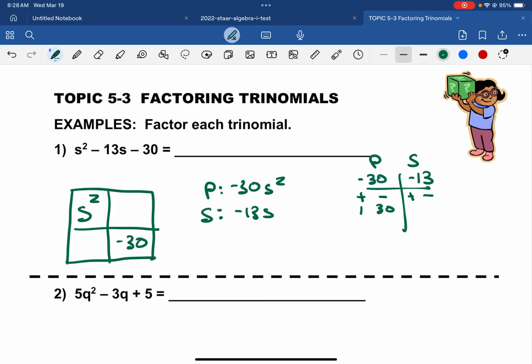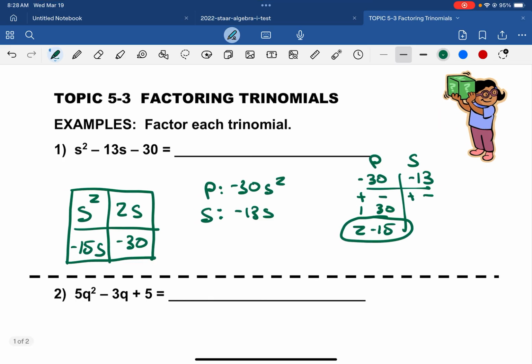That does not add to 13. 2 and 15, well, if I look at 2 and negative 15, that actually adds to negative 13. So in my box, I get to fill my box with 2s and negative 15s.